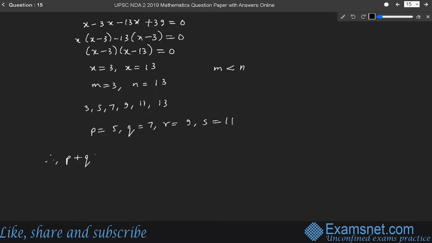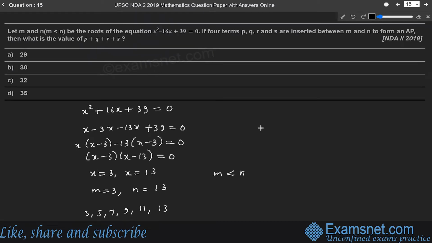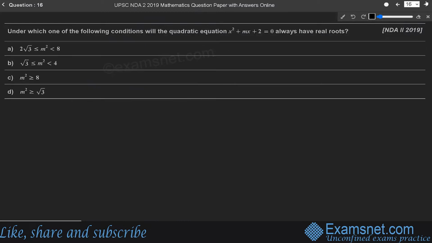Therefore, P plus Q plus R plus S will be equal to 5 plus 7 plus 9 plus 11, which is equal to 32. Hence, the correct answer for this question is 32, which is option C here.